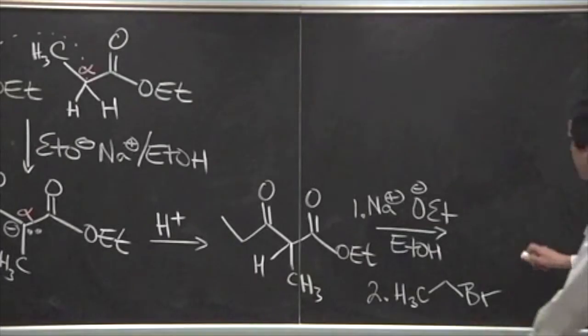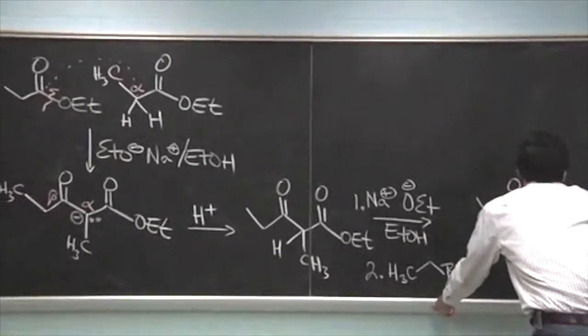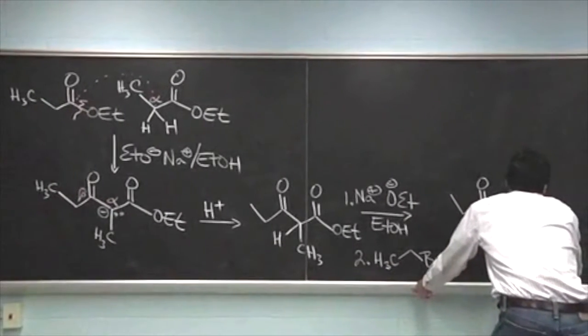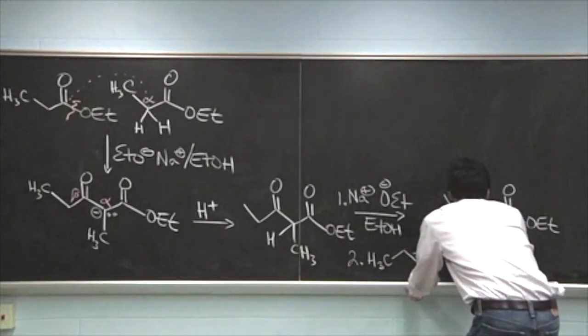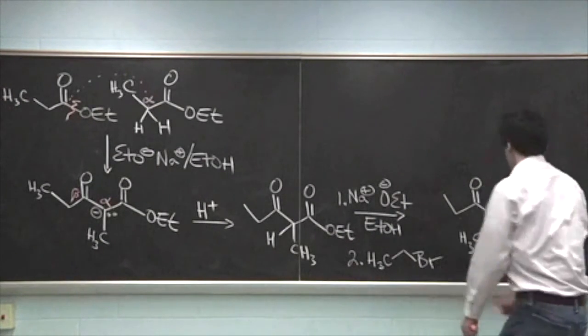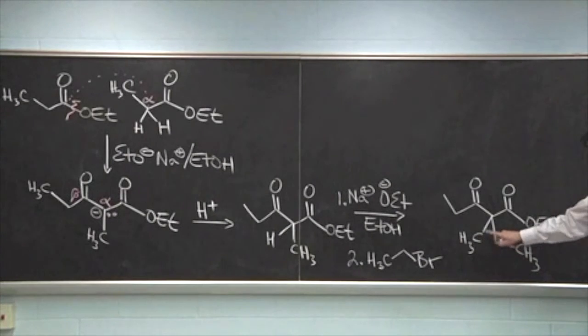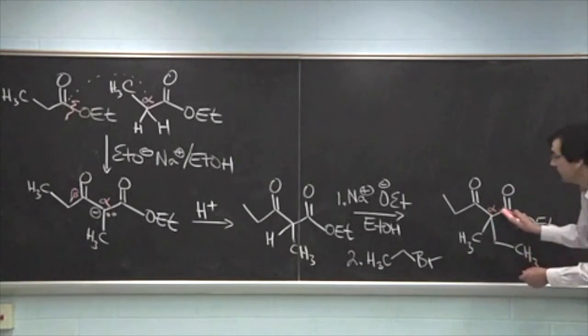And that's going to take us to this structure, where now we have both a methyl and an ethyl group at this central alpha carbon.